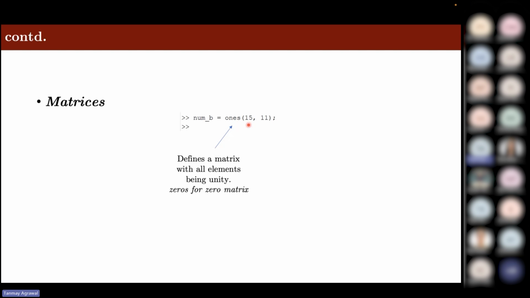Now these two numbers that I have in brackets here define the size of that matrix. So in MATLAB, usually always the first number corresponds to the row, as to how many different rows there are, and the second number corresponds to the column. So num_b is going to define a matrix which has 15 rows and 11 columns, and all of the different elements would have a value of 1.